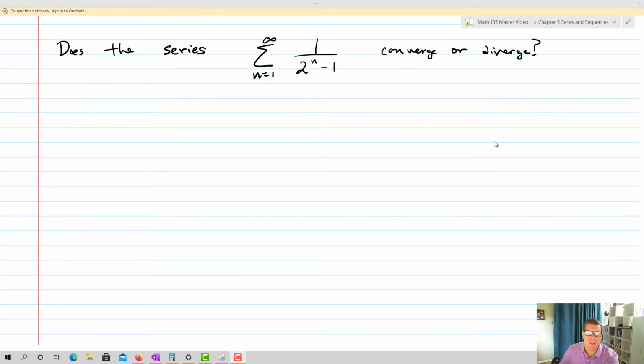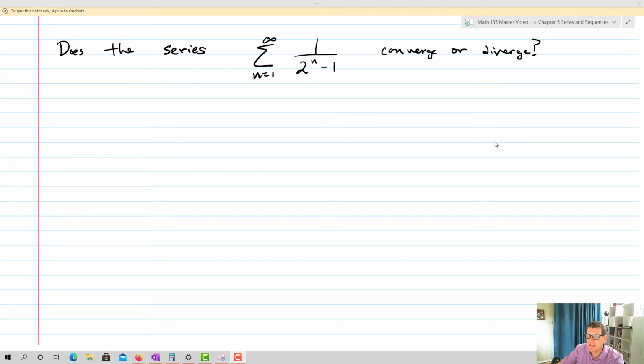So here's the question now. Does this series, the sum n equals 1 up to infinity of 1 over 2 to the n minus 1, converge or diverge? What we want to notice is that this isn't a polynomial, so it's not going to have the same kind of simple polynomial answer, but it does have a very similar process.